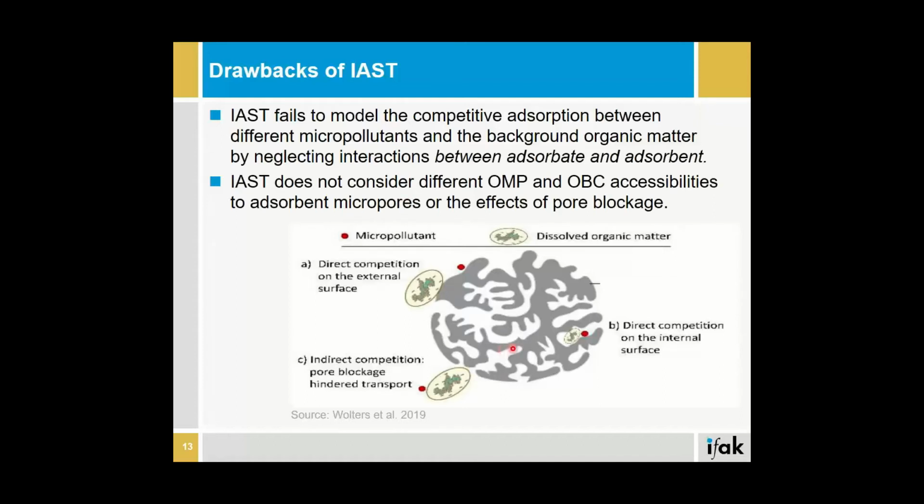As you can see here, the micropollutants and organic matter compete on adsorption sites through either direct competition on the external or internal surface, or through indirect competition, which is basically pore blockage, because usually the organic matter is larger than the micropollutants, and it hinders the transport of these micropollutants into the internal surface of the adsorbent.